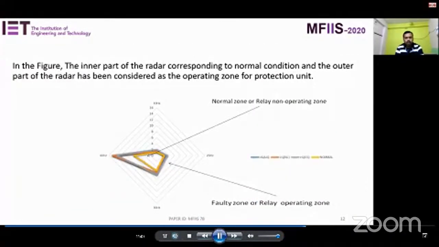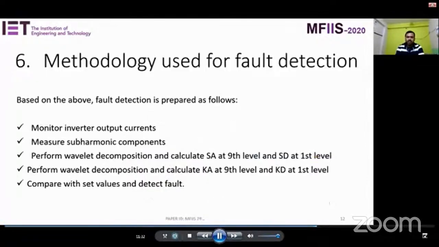We have also shown this radar chart for showing the different normal zone as well as the faulty zone or the relay operating zone. In the figure, the inner part of the radar corresponds to normal condition and the outer part of the radar has been considered as the operating zone for the protection unit.